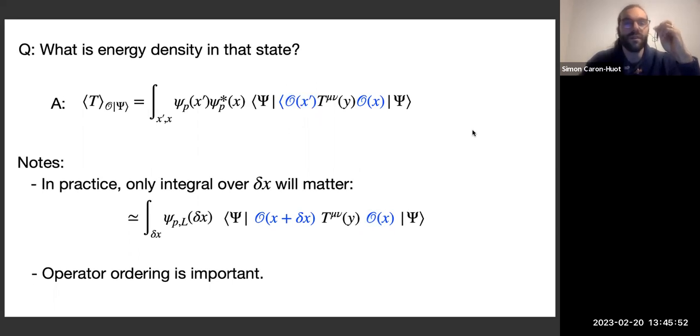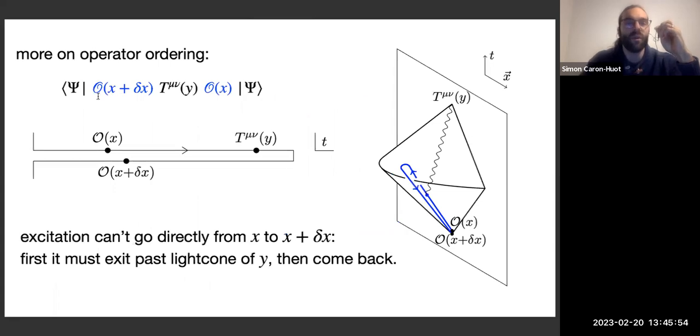So let's describe that a little bit more. One way to compute this schematically using a path integral is that you insert this state O psi, then you time evolve it forward up to the time where you measure your energy momentum density. After that, you evolve it backward up to this O, which is like the annihilation operator on the left.